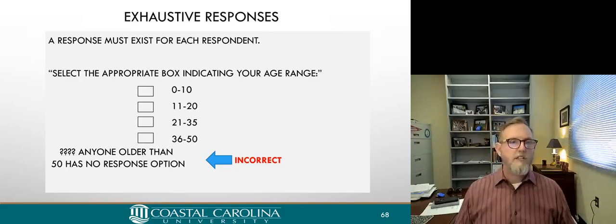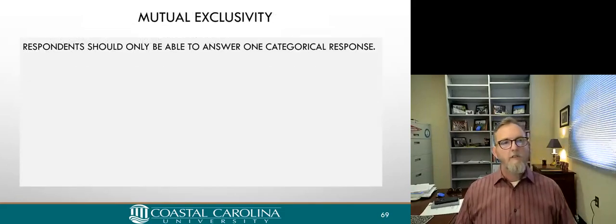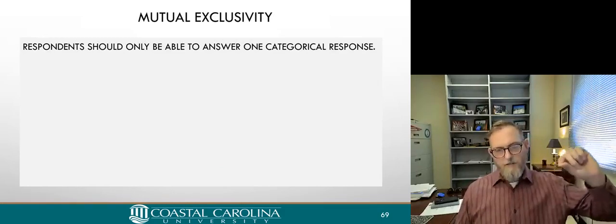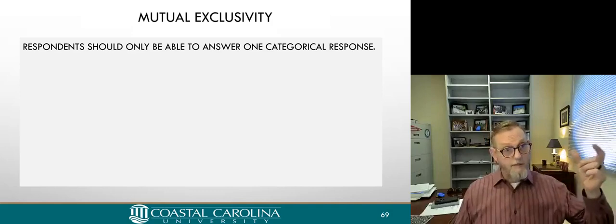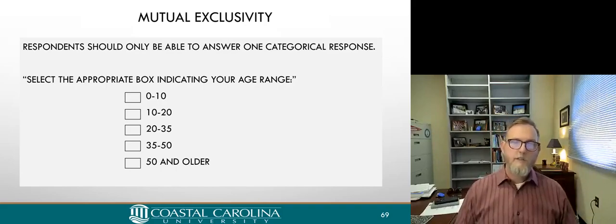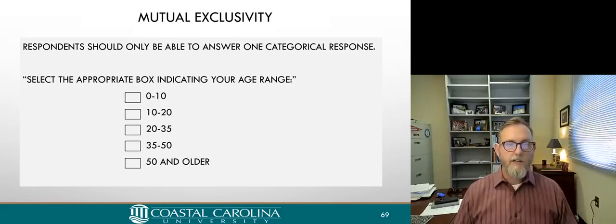Okay. Now the other term I used is exclusivity. This last one, exhaustiveness, deals with the number of the responses that people can give. Here is a case where: select the appropriate box indicating your age range, 0 to 10, 10 to 20. Uh-oh, we have a problem. If I'm 10, which box do I check?